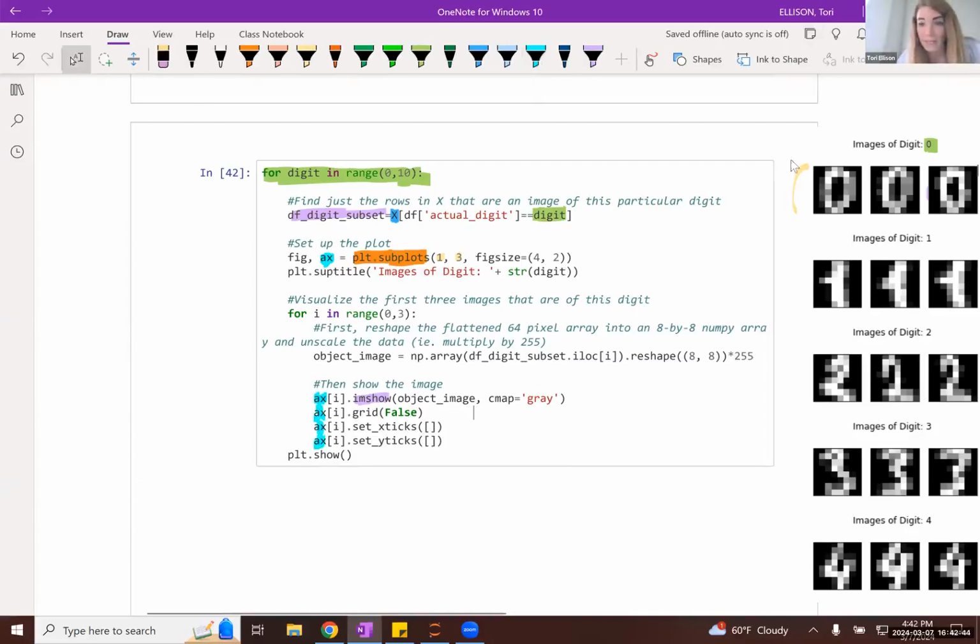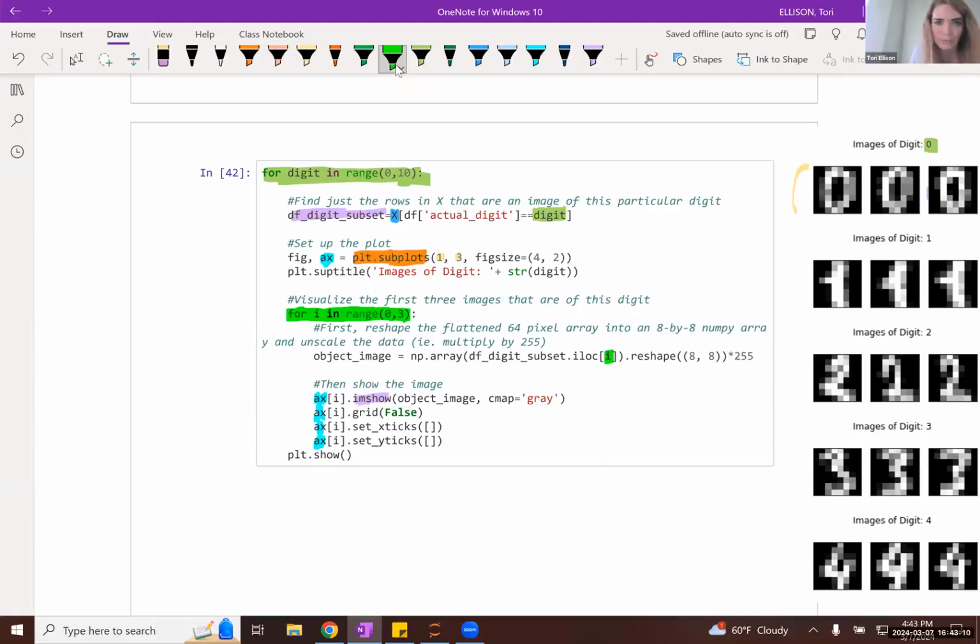And because I'd like to plot my first 3 0 digits in this 0 filtered data frame here, what I'm going to do next is iterate through i equals 0 to 2.